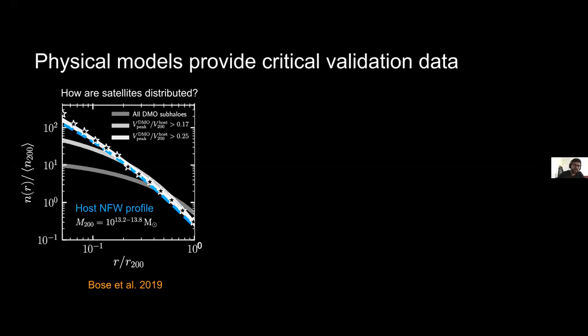And the dark gray curve that you see here shows the radial distribution of the subhalos in the dark matter only counterpart of these halos, where you see that the subhalo distribution is much shallower compared to the luminous satellites themselves. The dashed blue curve, on the other hand, shows the density profile of the host dark matter halo, so it's just an NFW profile. And that seems to give a rather better fit to the distribution of satellite galaxies, at least the luminous ones.